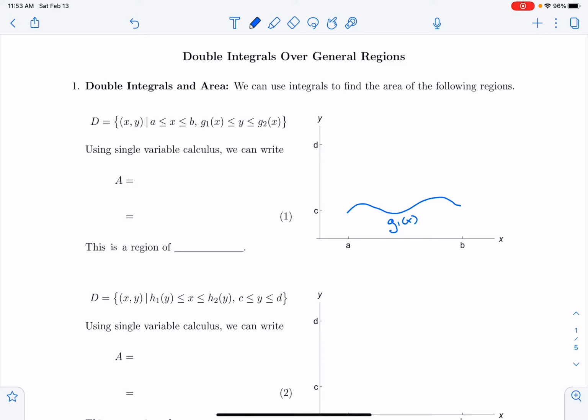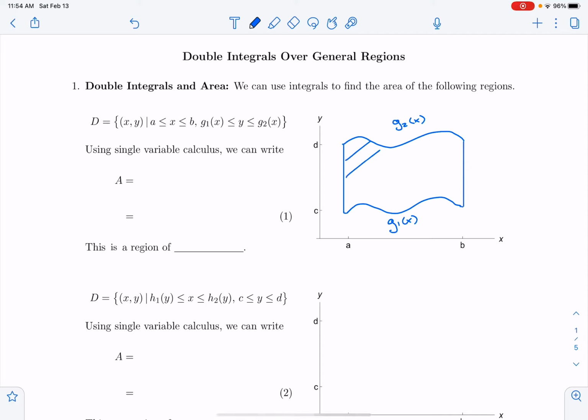And we have another function g2 of x that's defined between a and b. And so the region is between those two functions extending from a to b.